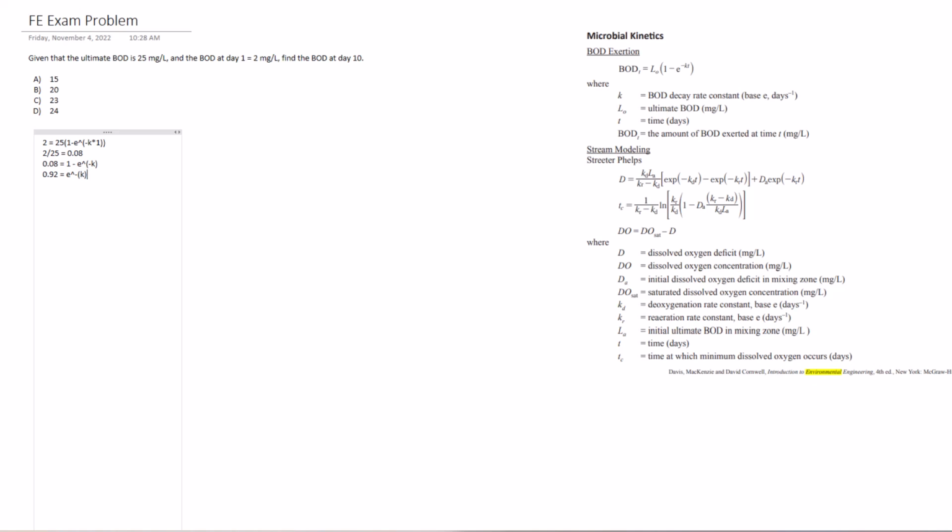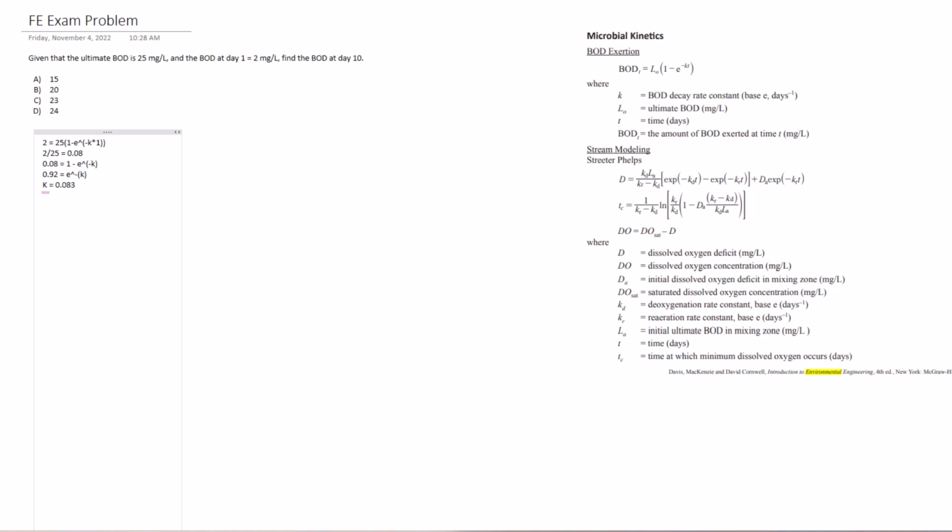So the natural log of 0.92 is what we're going to want to put in next. So natural log 0.92 equals negative 0.083. And that's what our k value is going to be, or actually it's just going to be 0.083 because now we have negative k equals negative 0.083. So k equals 0.083.